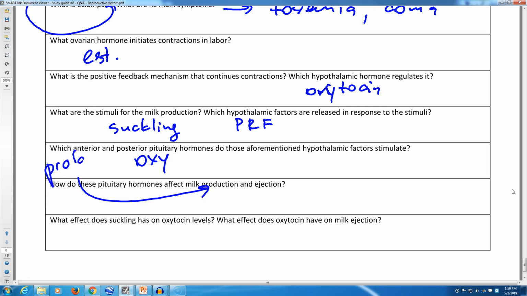Prolactin increases milk production, oxytocin stimulates the ejection. So suckling increases oxytocin levels, and oxytocin stimulates the contraction of the smooth muscles, leading to the ejection of milk.